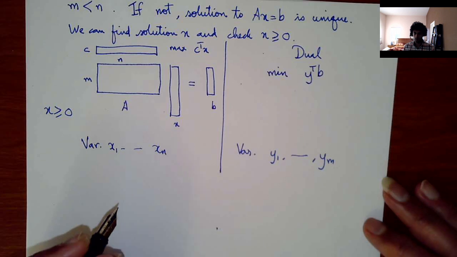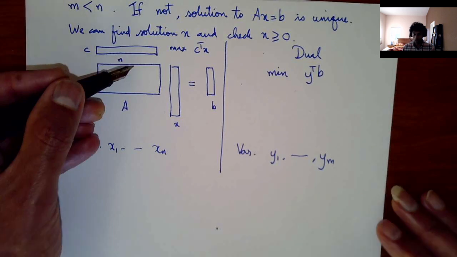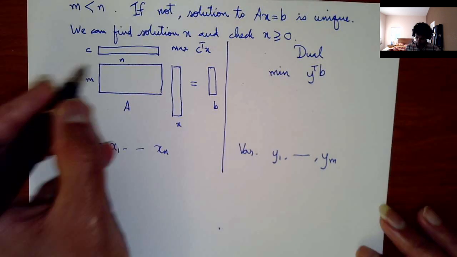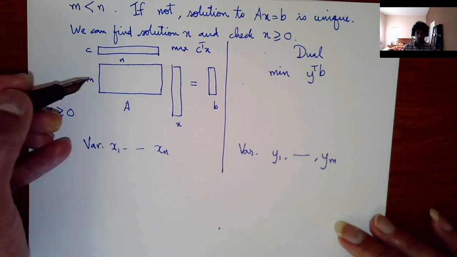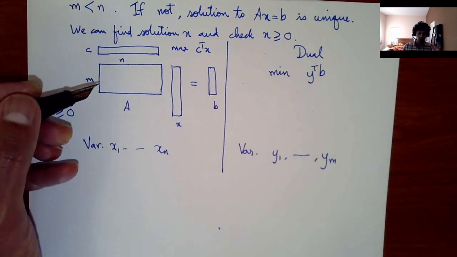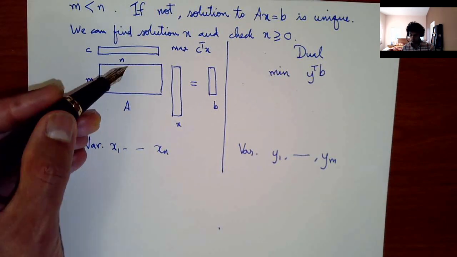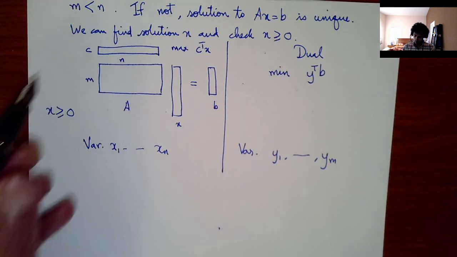And because this is a maximization problem, we are looking for an upper bound on the objective. And so you can think of it as we're going to multiply each of these constraints by yi, take the sum, and whatever that sum is going to be, we want that to be greater than the c's.